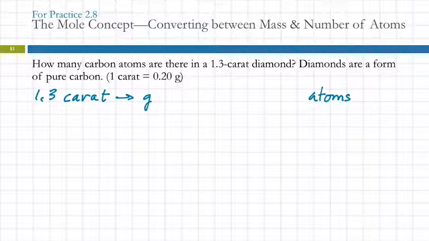So anytime you've got these two things and you can't figure out what goes in the middle, oftentimes it's moles. Moles in the middle. Like that TV show Malcolm in the Middle, it's moles in the middle most of the time. So we can convert from grams to moles using the molar mass of carbon, and then moles to atoms using Avogadro's number.